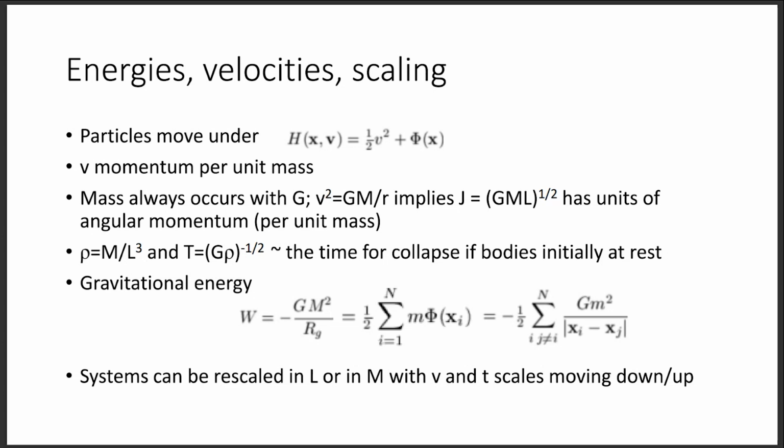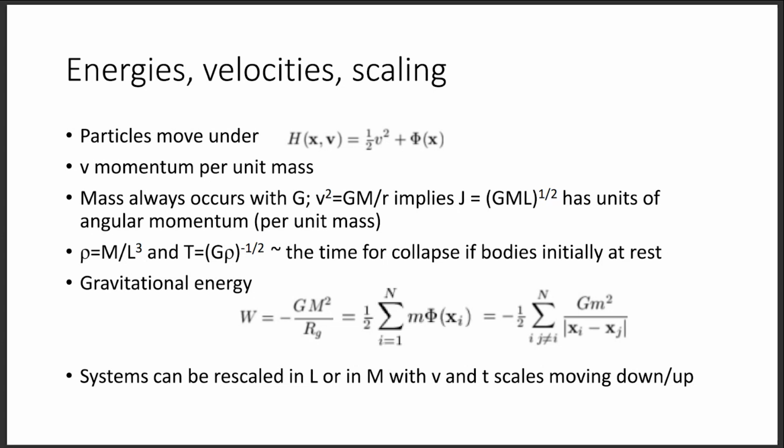So this is the ordinary boring Hamiltonian of quantum mechanics. H is p squared over 2m plus the potential energy, where we can divide through by m and get rid of m because the potential energy is proportional to the mass, as is the kinetic energy.